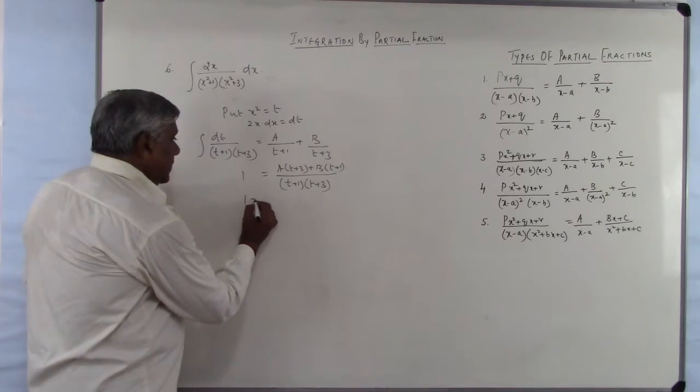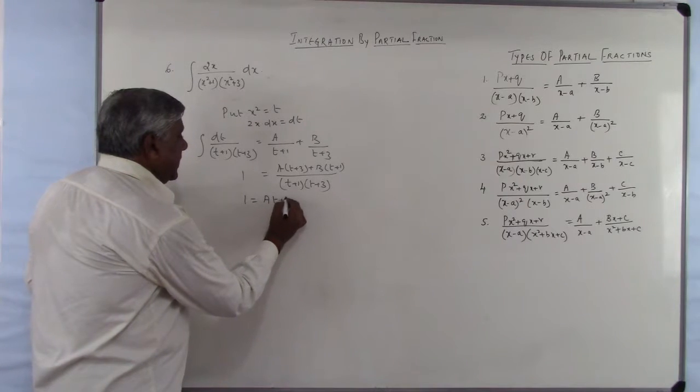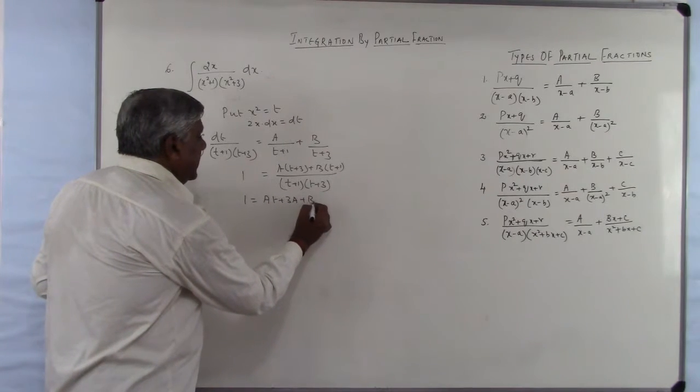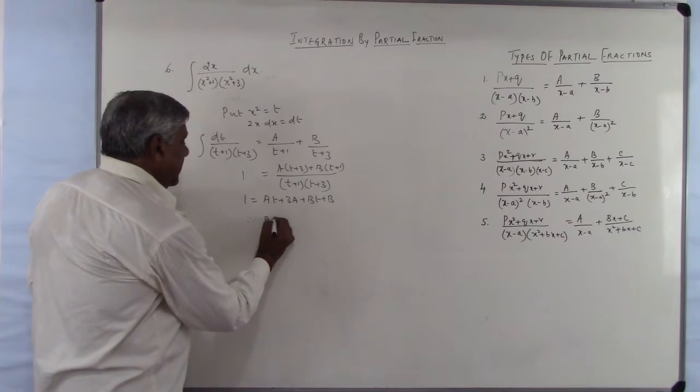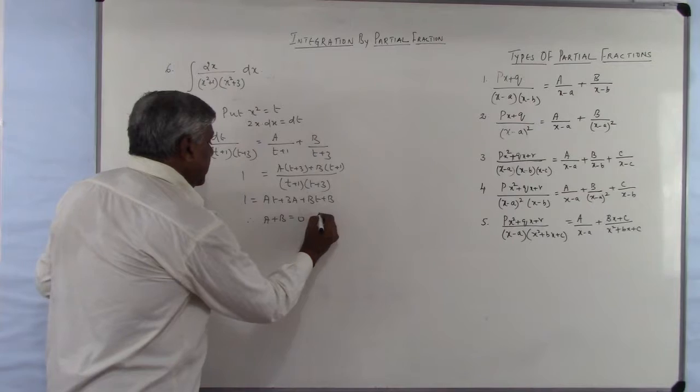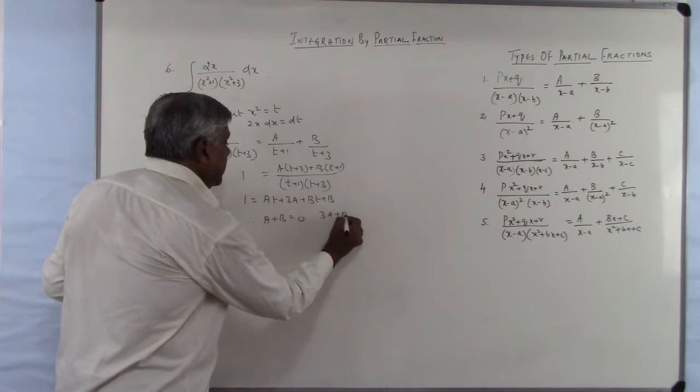So 1 is equal to at plus 3a plus bt plus b. Therefore a plus b is equal to 0, 3a plus b is equal to 1.